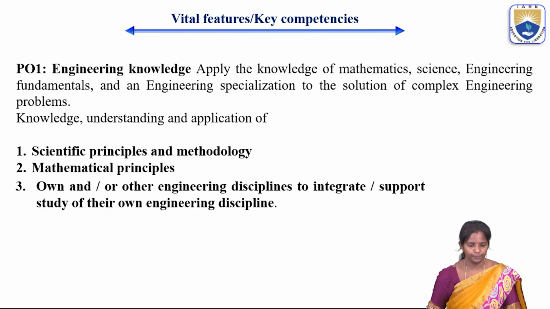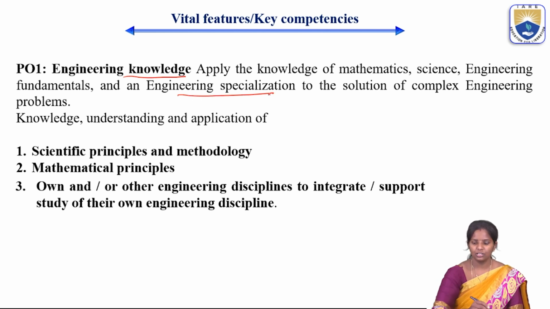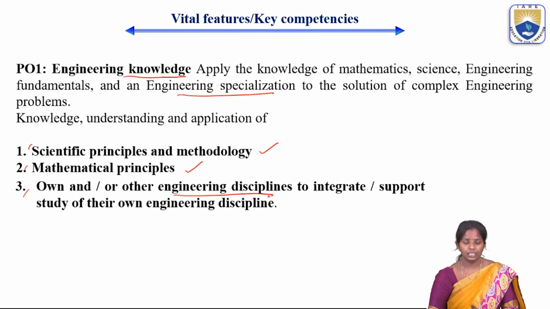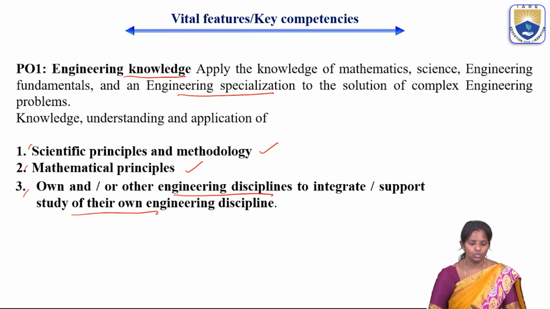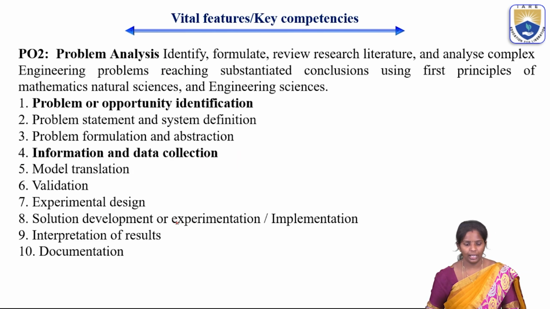So 3, 1, 3. The first PO includes engineering knowledge: apply the knowledge of mathematics, science, engineering, and engineering specialization to solve a problem. So it has 1, 2, and 3: scientific principles and methodology, mathematical principles, own or other engineering disciplines to support study of their own engineering discipline. Out of these, whichever is applicable will be used in the calculation.